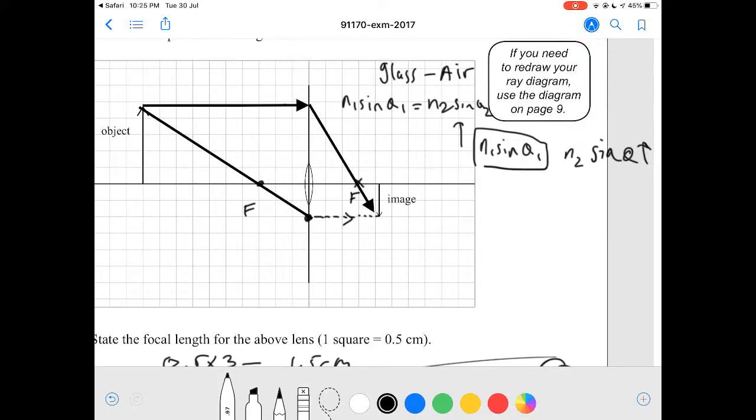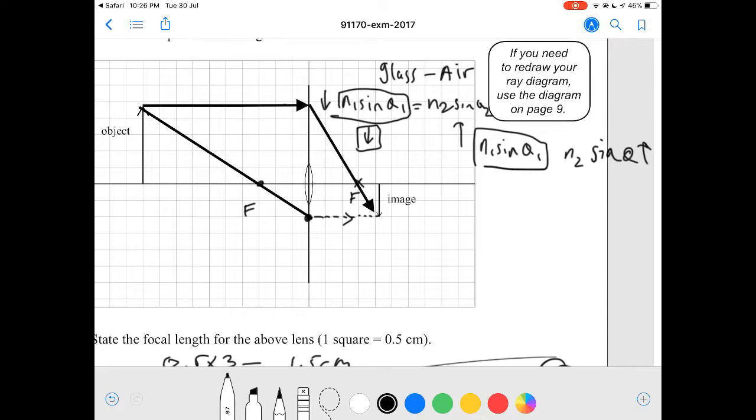Our N1 is the glass, and N2 is air. We can't change the refractive index of air, but we can change our lens. If we make our N1 lower, then this whole result will become lower. So when we move the N2 across, it will be a lower number divided by the same number, so this will generate a lower result.